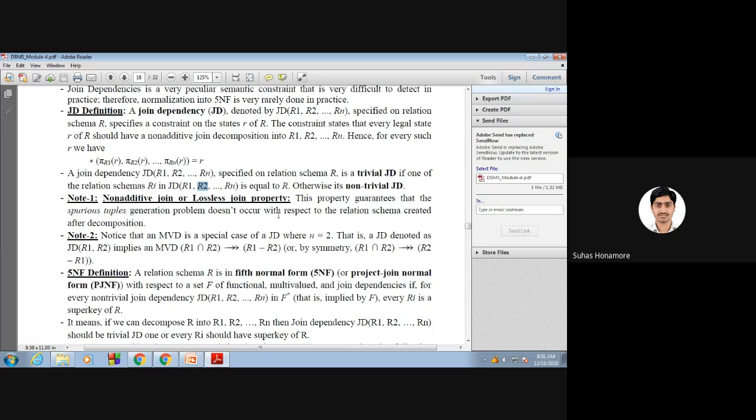At that time our table size is not huge, so it works better. It's a very rare case. In real life, most times only non-trivial dependencies will be there.